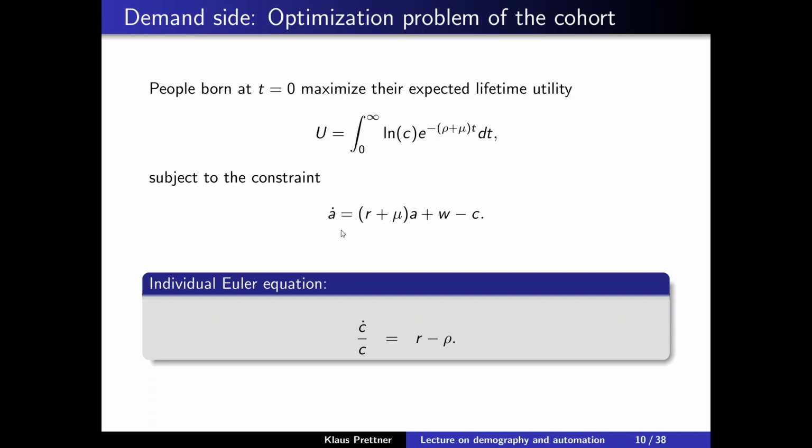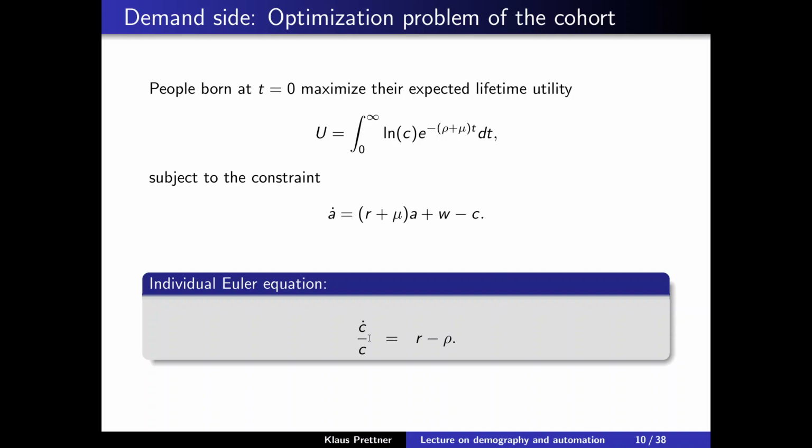Now the result of utility maximization is this individual consumption Euler equation, which gives consumption expenditure growth on the left-hand side, optimal consumption expenditure growth as a function of the interest rate and the rate of time preference. So what we see is that individuals will have positive consumption growth if the interest rate is higher than the rate of time preference. In this case, financial markets overcompensate me for my impatience, so I will save.